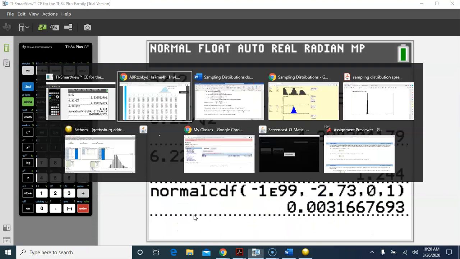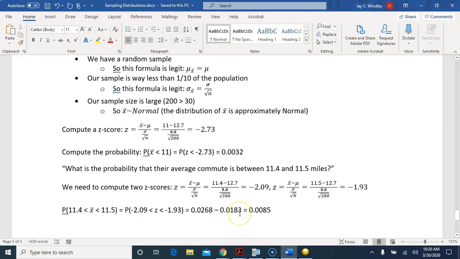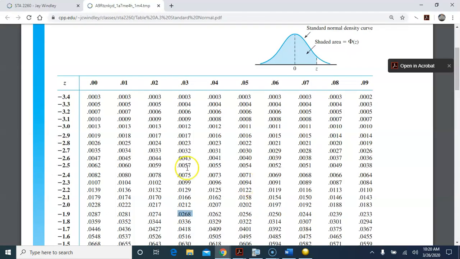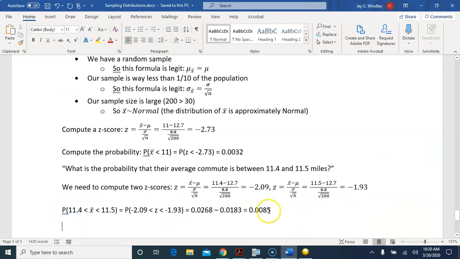0.0268. And then when we look up the z-score of negative 2.09, we get this value from the table, 0.0183. Subtract those two, and that's our probability.